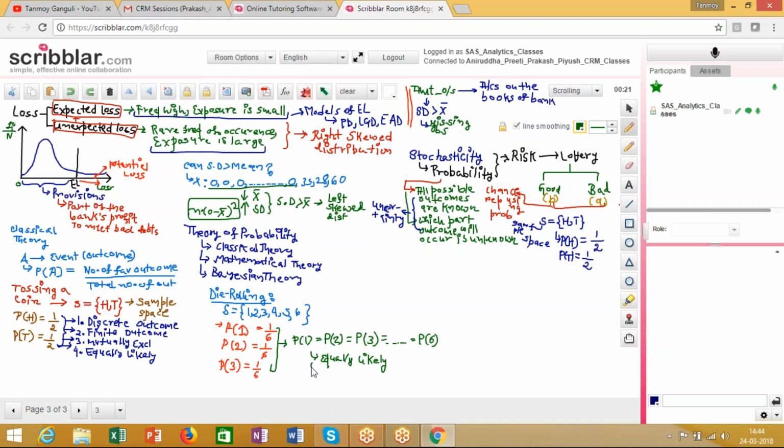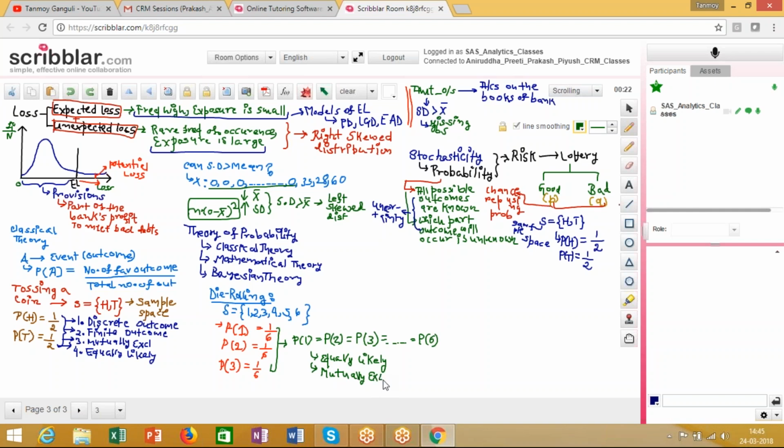Therefore, this is called equally likely. Then the next is called mutually exclusive events.